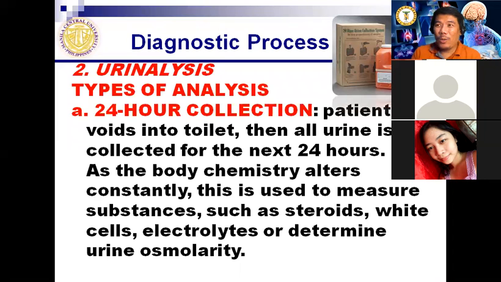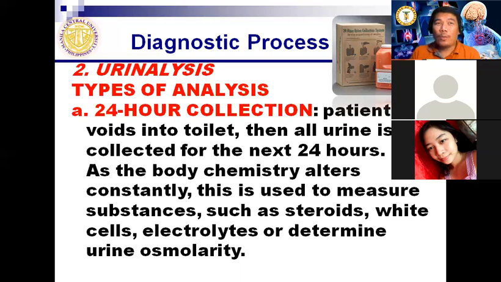Electrolytes, because we all know for a fact that the kidney is the one responsible for fluid balance and electrolyte regulation, and to determine the urine osmolarity. The urine osmolarity is used to measure concentration of urine. This may identify that the urine could be diluted or concentrated, which may identify the status of dehydration.